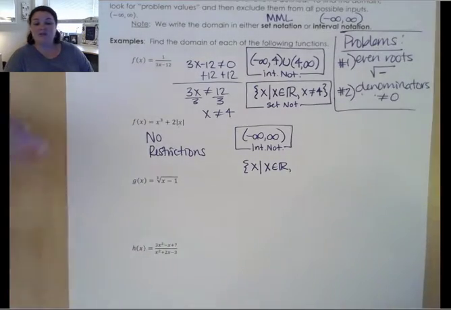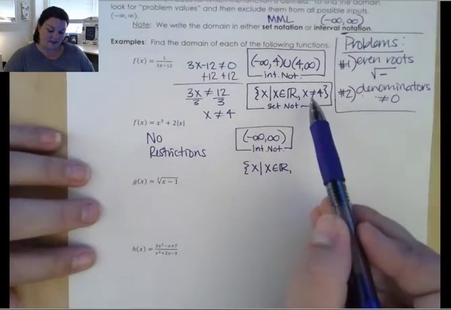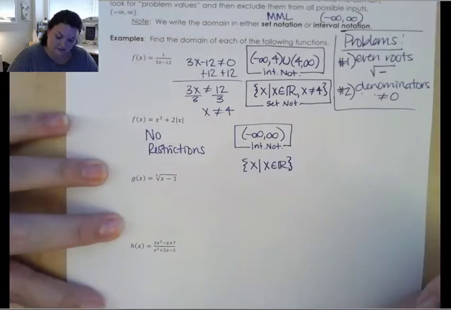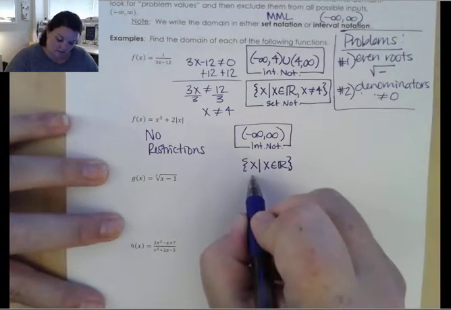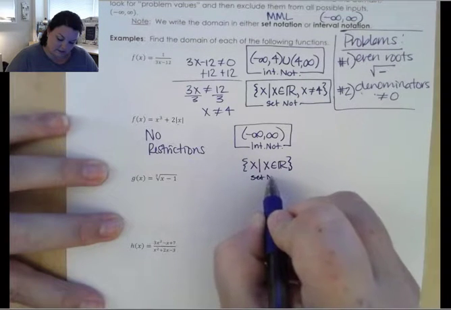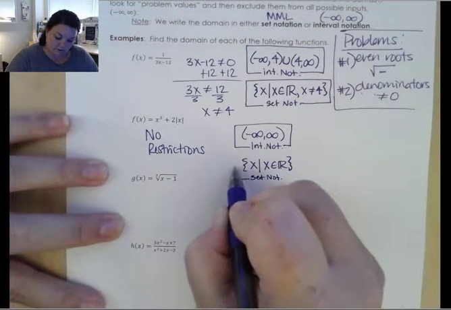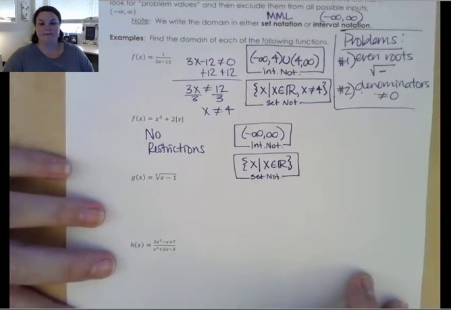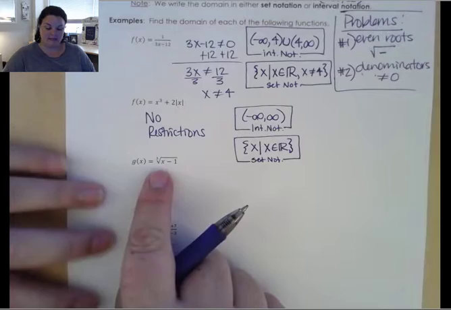And then because we have no stipulation, like on this one we had the stipulation that x can't be 4, here we don't have a stipulation. So that's it. That's just our answer. Okay? When we're writing set notation, we're just saying any real number x can be a solution. Okay? All right, let's look at the next one.